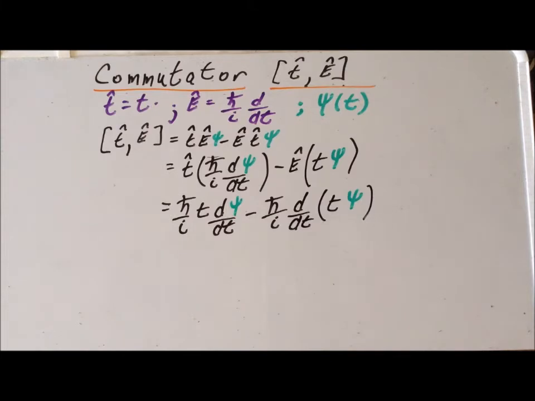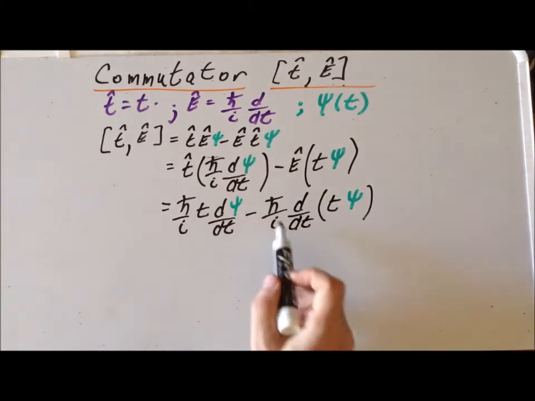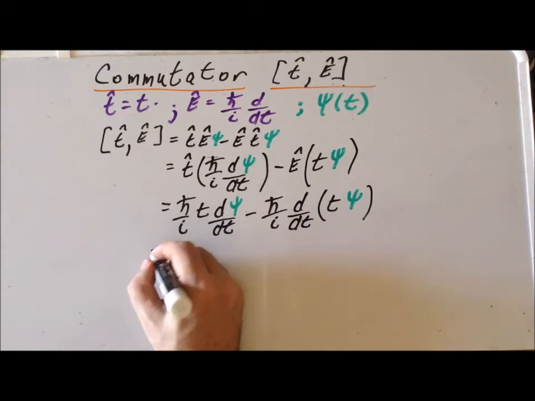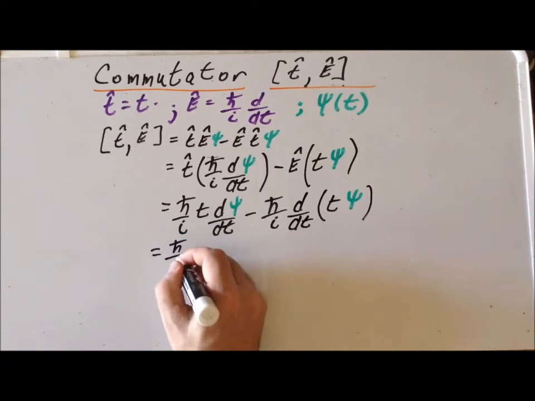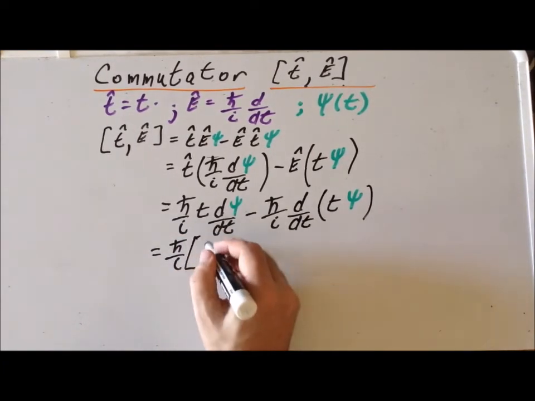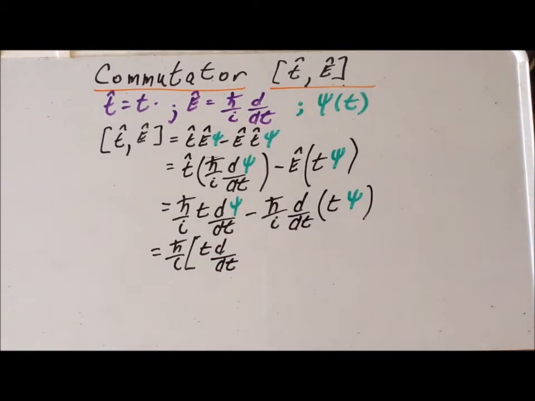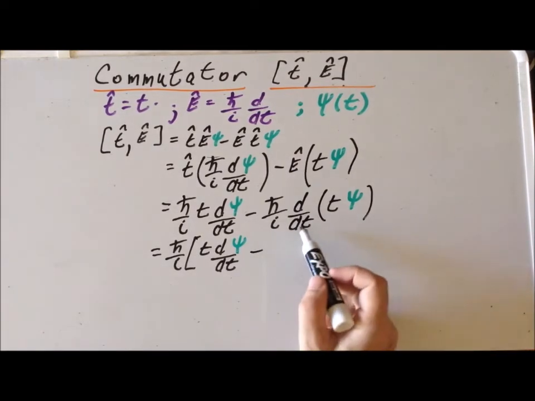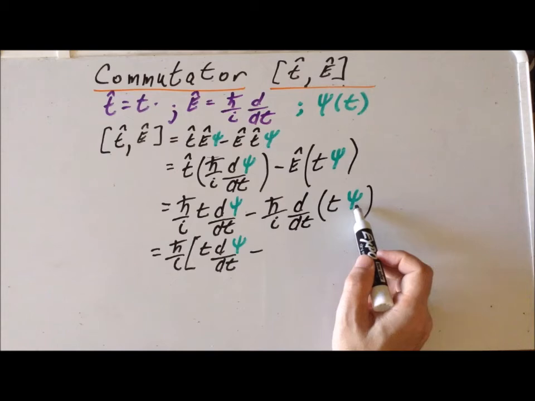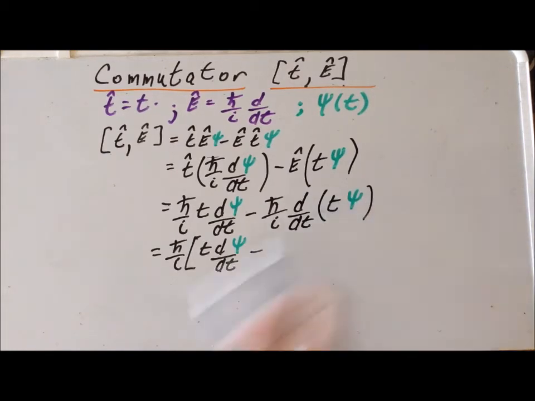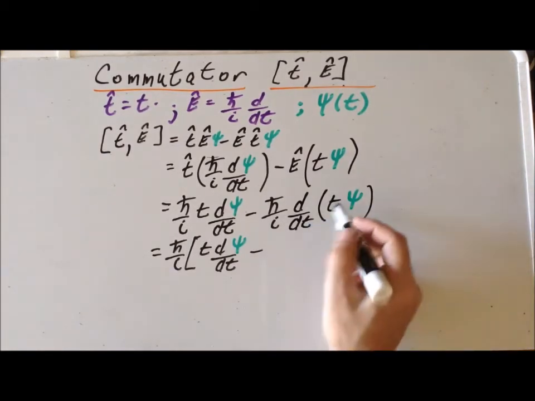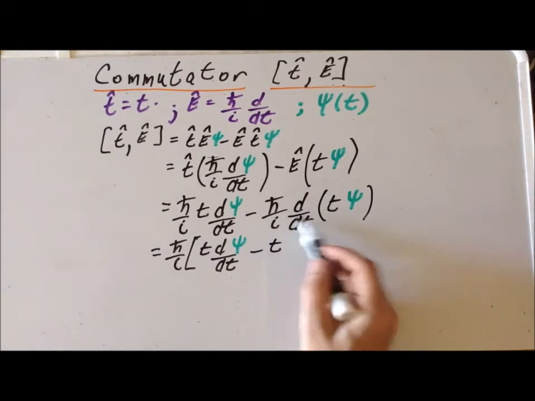We can factor out h bar over i here. t times the first derivative of psi with respect to time. And now we have to apply the product rule. So we have the first times the derivative of the second, plus the second times the derivative of the first. So the first function is t, and we're taking the derivative of the second function, which is psi.